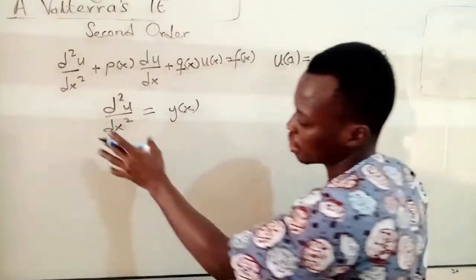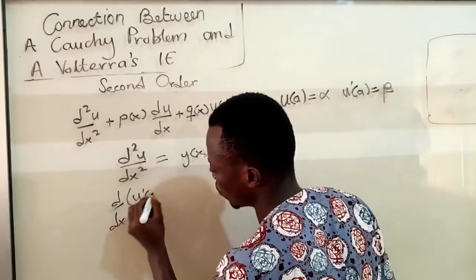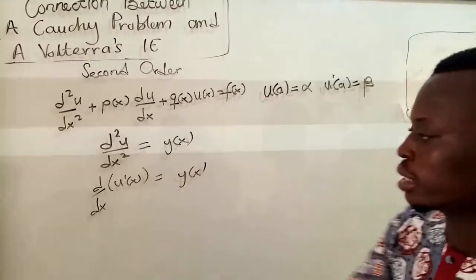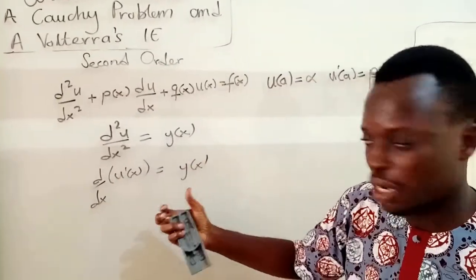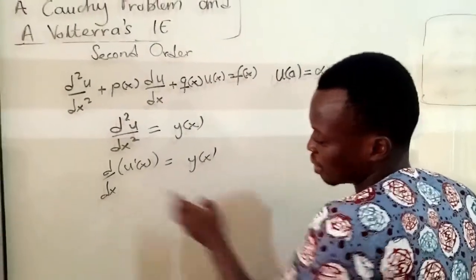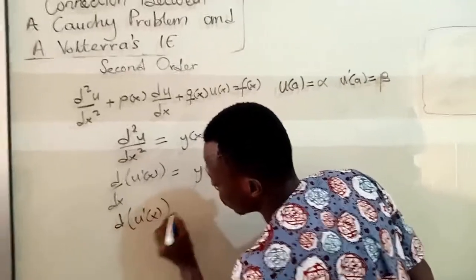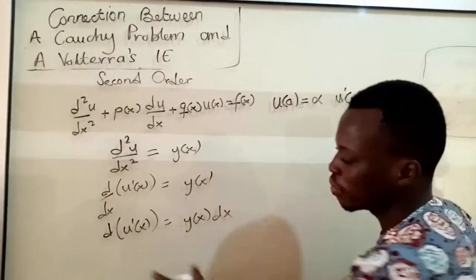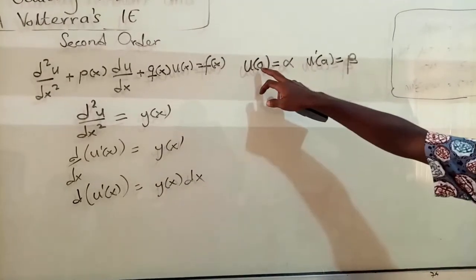So we can rewrite this part as d over ds of the bracket u prime of s, which is equal to y of s. It's like if you take the derivative of u prime of s, you get this. You can rewrite this as that. And so let's multiply each of the terms by ds. Now let's integrate both sides of the equation, and the initial point starts from a.